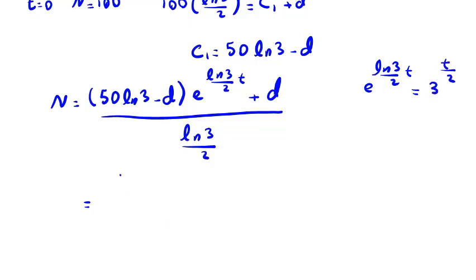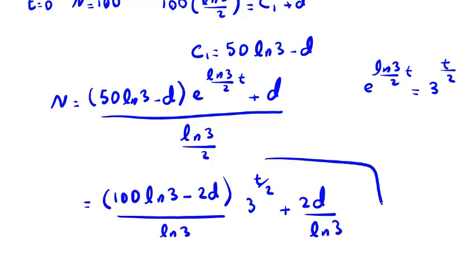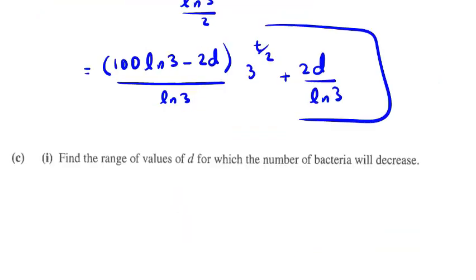So let's see what we have. Okay, so if we simplify, we multiply 2, it will be 100 ln3 minus 2d over ln3, and it is 3 times 3 to the power of t over 2, plus 2d over ln3. So we found the formula of n.